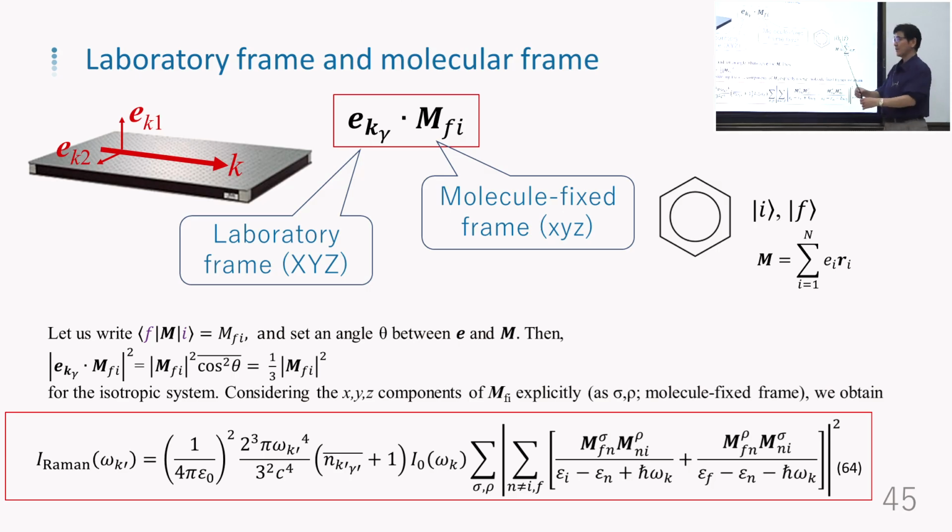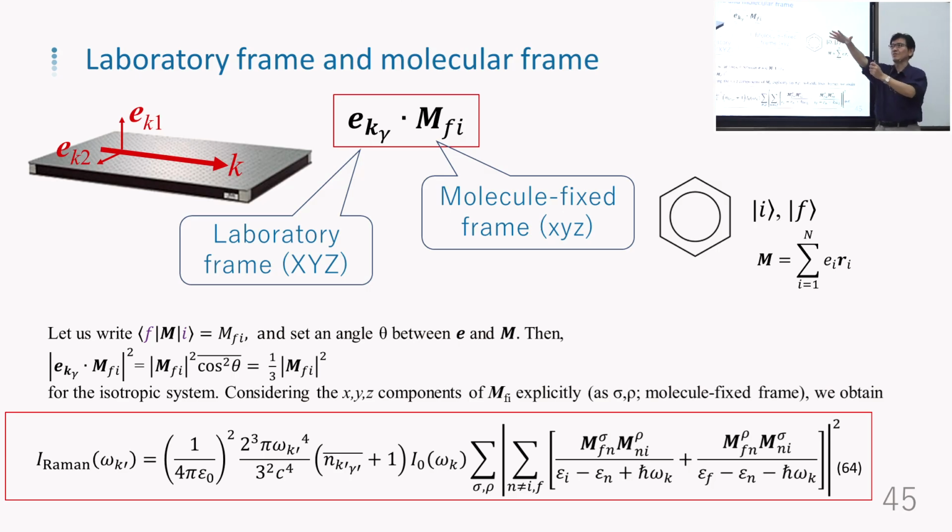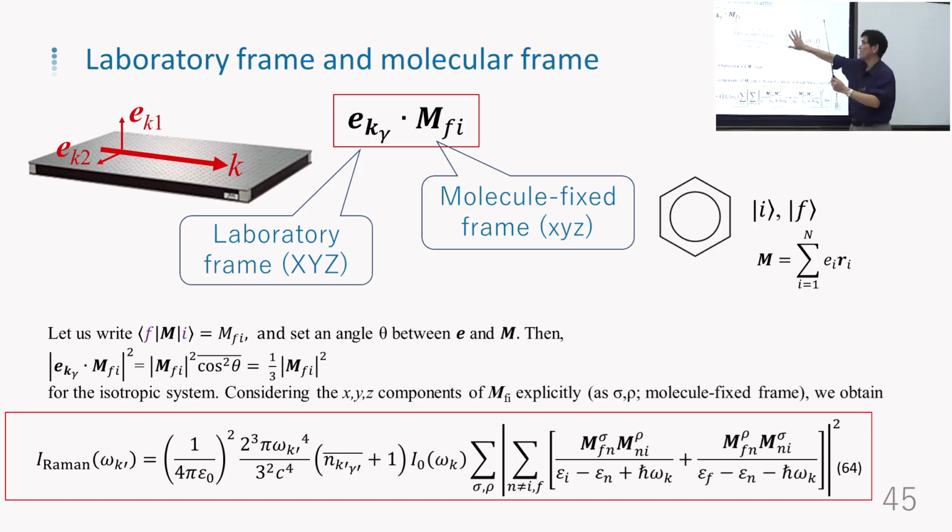In the laboratory, this molecule may direct this direction or this direction, this direction. In the solution, I don't know this. What is the direction of this benzene plane? It must be isotropic, randomly distributing.